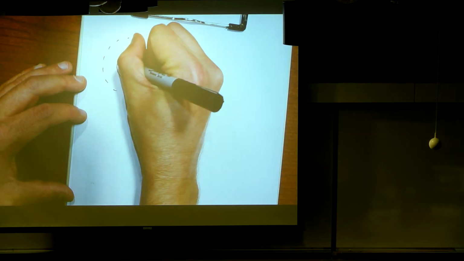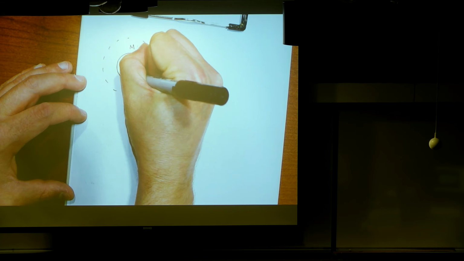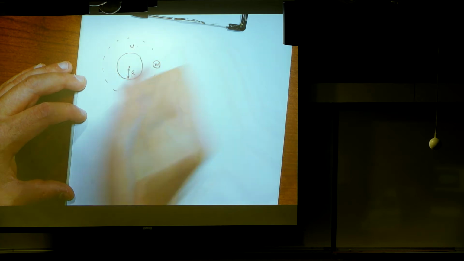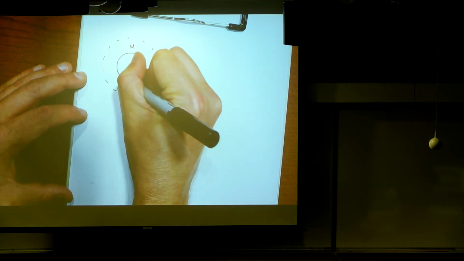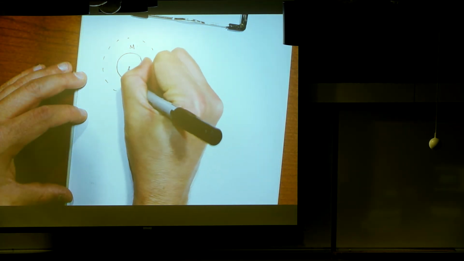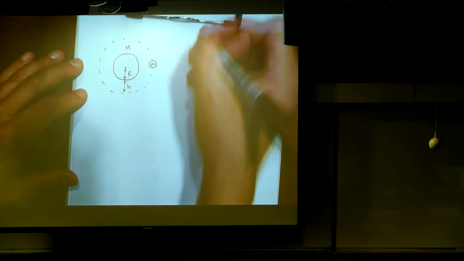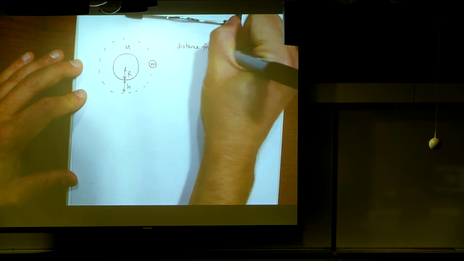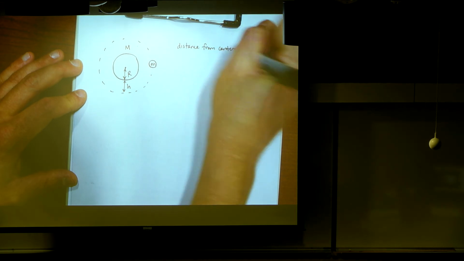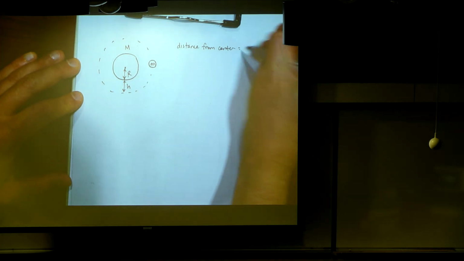So let's label a few distances here. This is R. I'm going to call this capital R to be specific. That's the radius of that planet. And then this is what I'll call H. That's the altitude of the orbit. Now, the distance from the center, by the way, the distance of this satellite to the center of the planet is the sum of these two.